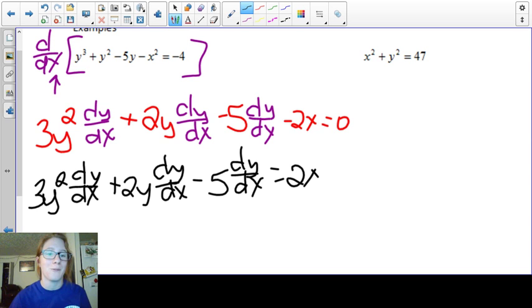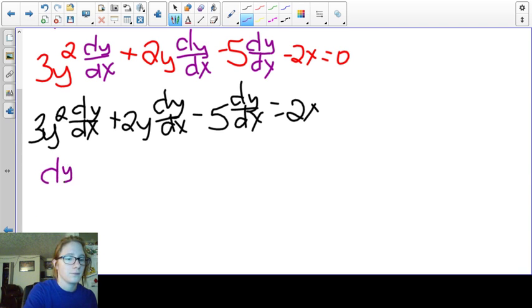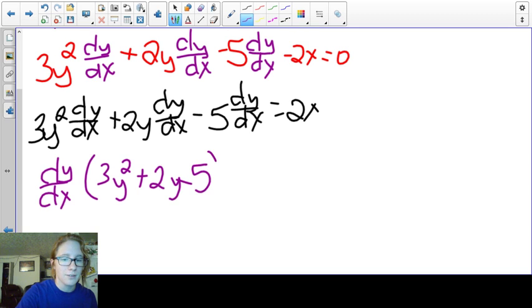That's the only term in this case without that dy/dx. Okay, step 3: factor out dy/dx. So I'm going to take that dy/dx term out, so I'm left with 3y squared plus 2y minus 5 is equal to 2x.